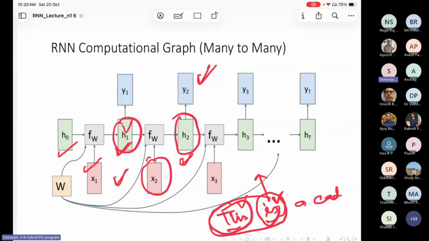So at this point, I predict the output based on the past inputs, "this" and "is" both, because we know they have a sequential relationship. So we have to capture it.